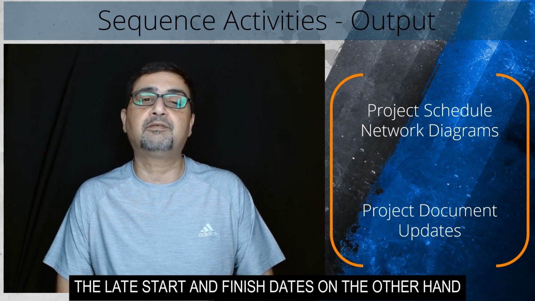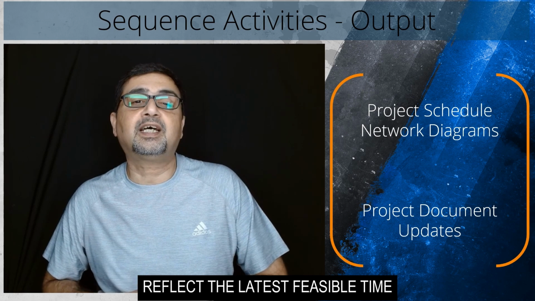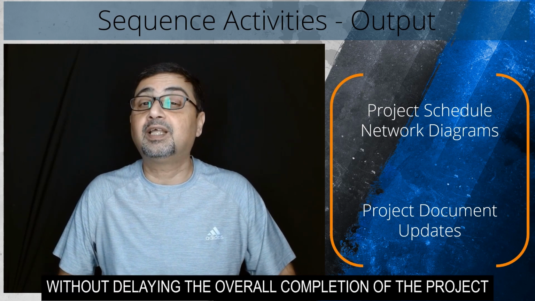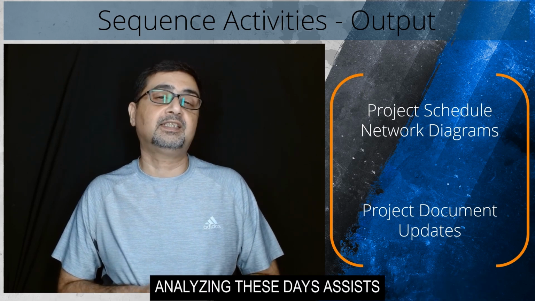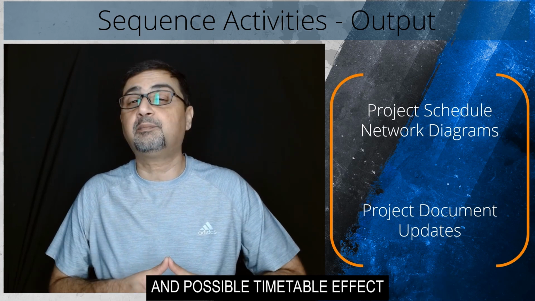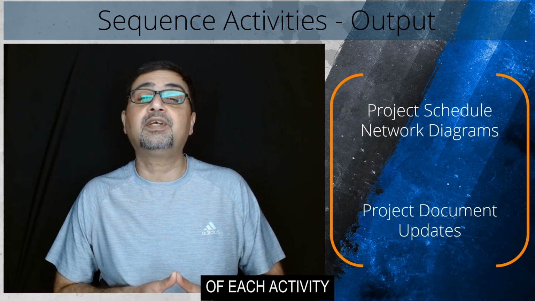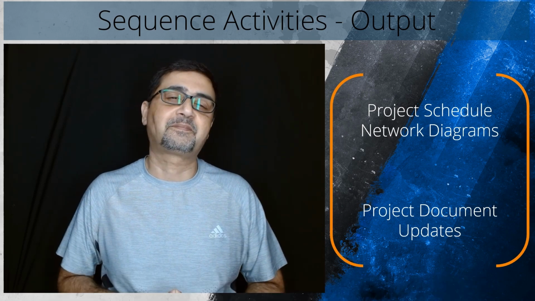The late start and finish dates, on the other hand, reflect the latest feasible time an activity may begin and end without delaying the overall completion of the project. Analyzing these dates assists project managers in determining the flexibility and possible timetable effect of each activity, which aids in resource allocation and decision making.